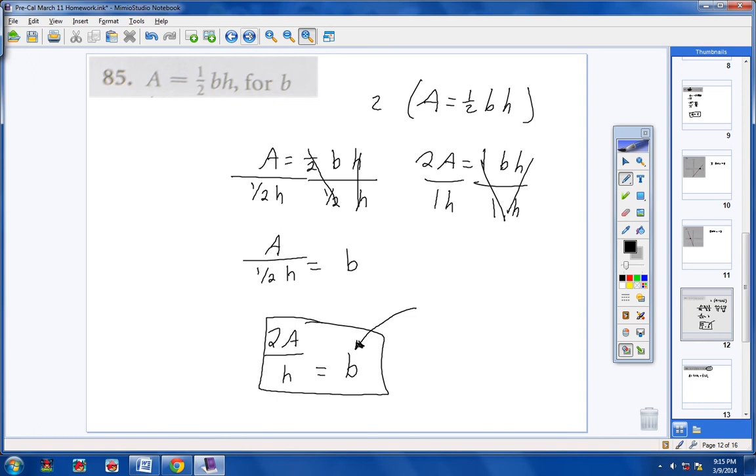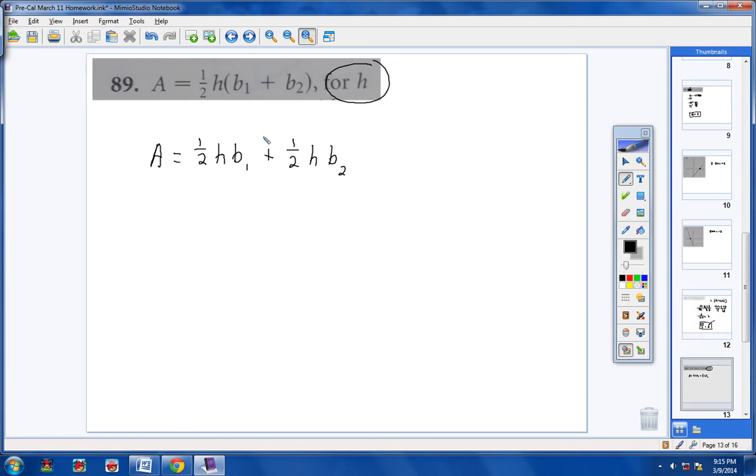Okay, so I think we'll try that on this problem here. I don't want these fractions, and my denominator is a 2 and my denominator is a 2, so I'm going to multiply the entire equation by 2 over 1. Now 2 times a is 2a. 2 over 1 times 1 over 2 is 1hb.